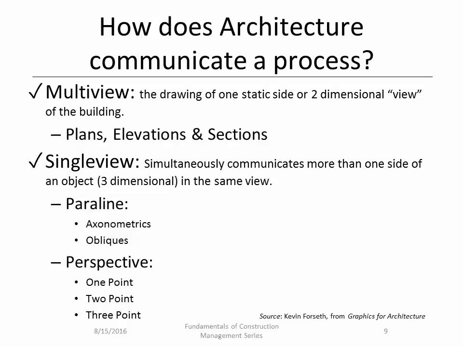So a single view drawing actually incorporates all types of different views of the building, like a perspective or like a paraline, we call it, which are axonometrics, so that we can look at the building from multiple angles and get more information than just a flat two-dimensional plane, which is what the multi-view represents in plans and elevations.